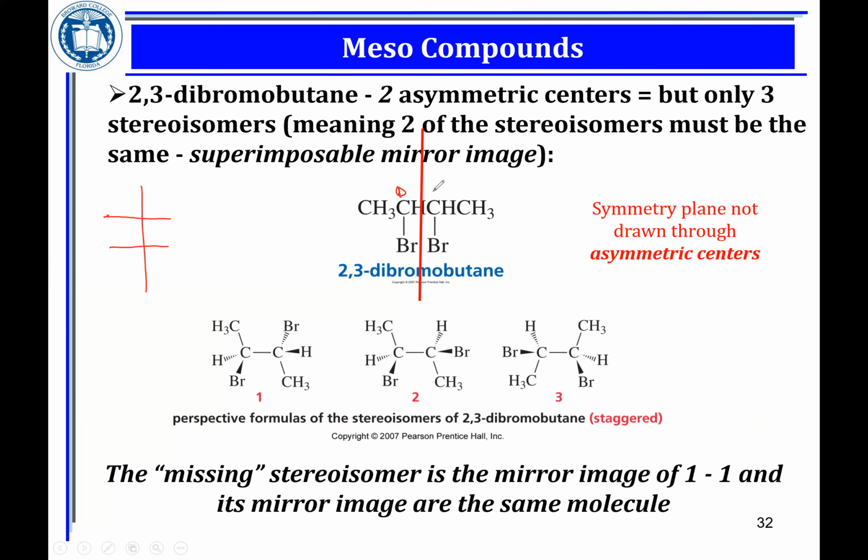We have 2 chiral centers here. I'm going to draw the CH3 and CH3. The first one, I'm going to put both Br on the same side, and I try to draw the mirror image of this. When I draw the mirror image of this compound, it's going to look like this.